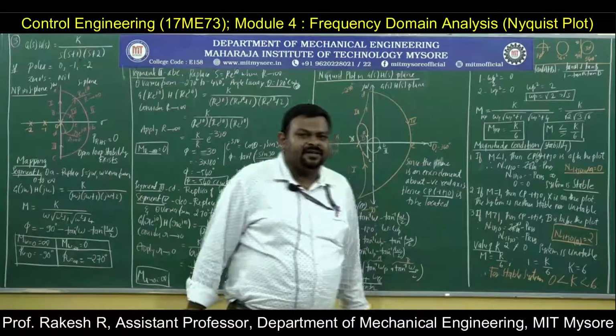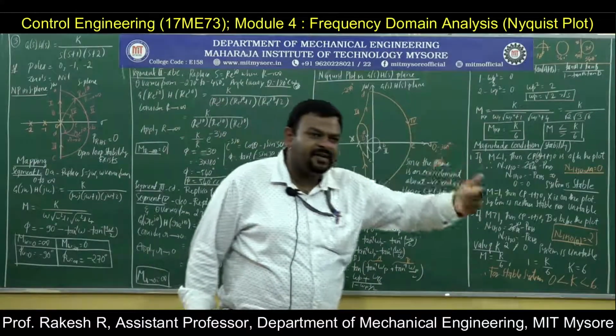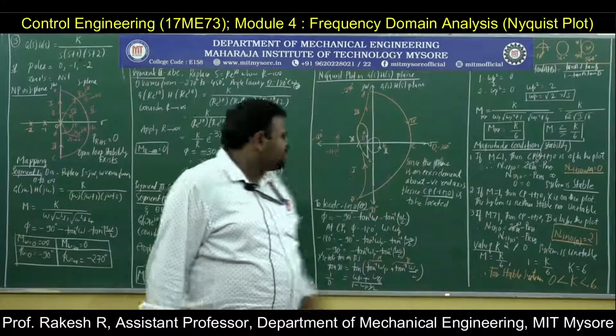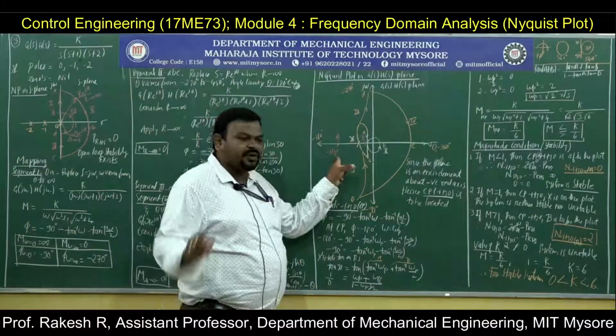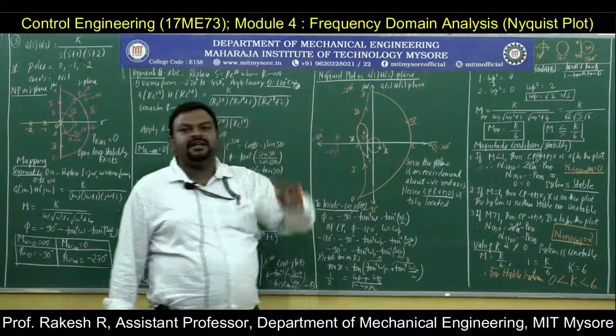So this is a condition. If the value of K is more than 6, the magnitude will be more than 1. If the magnitude is more than 1, then the minus 1 plus j0 critical point will be inside the plot or before the plot itself.